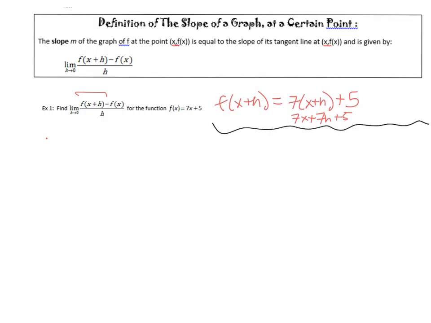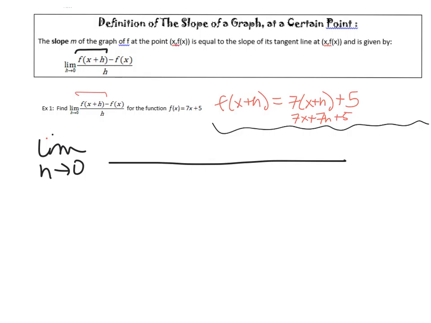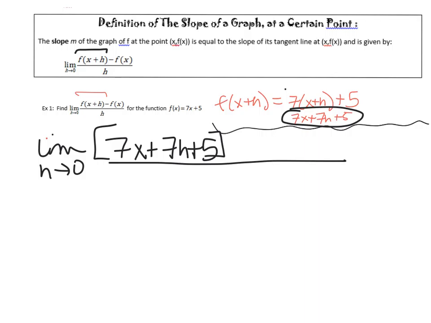Okay. Now, I can find my limit as h approaches 0 of my f of x plus h, which is all of this. 7x plus 7h plus 5. That's f of x plus h.